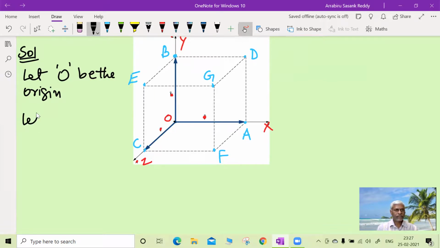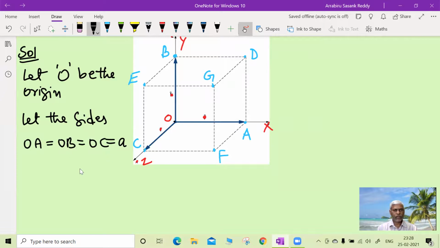Let the sides OA, OB, OC, all the sides be equal to small a.